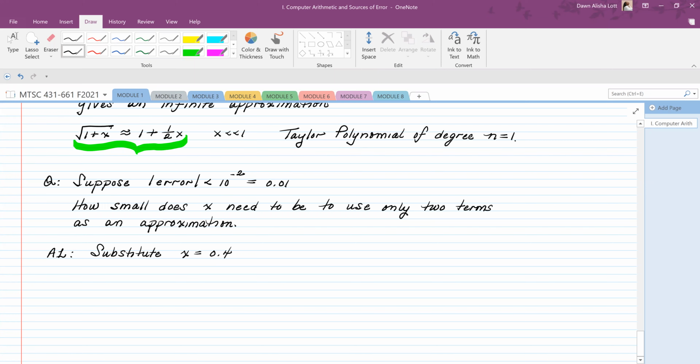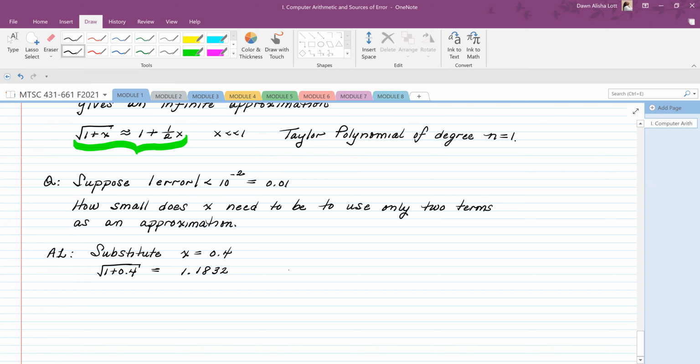Well, the square root of 1 plus 0.4 is the square root of 1.4, and that is 1.1832 and some other digits.